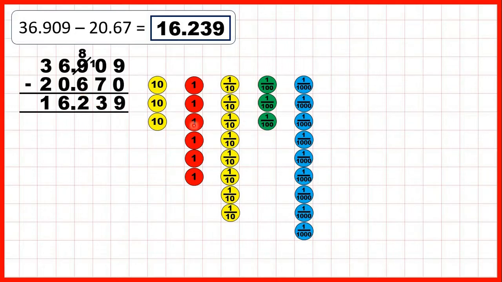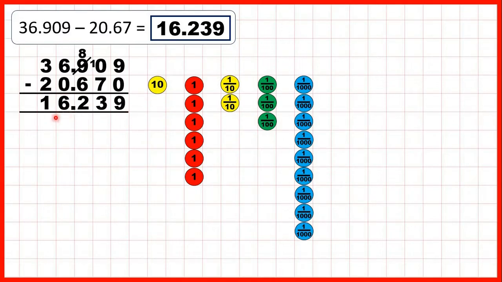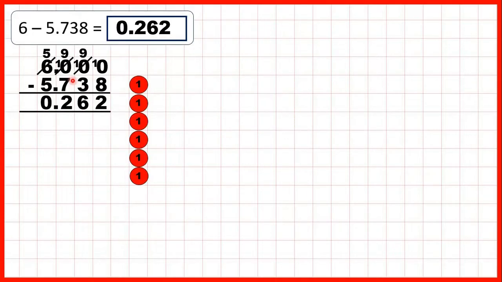Then we subtracted 6 tenths to get 2 tenths in our answer. We didn't subtract any ones, but we subtracted 2 tens, and that left us with 16.239. Finally, we started with 6, so that's 6 ones.